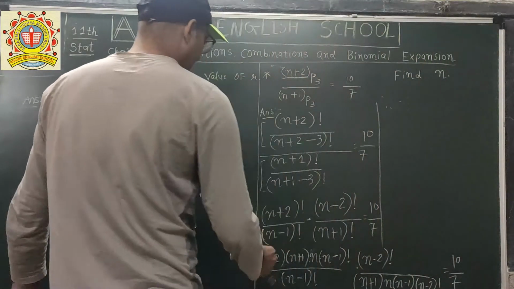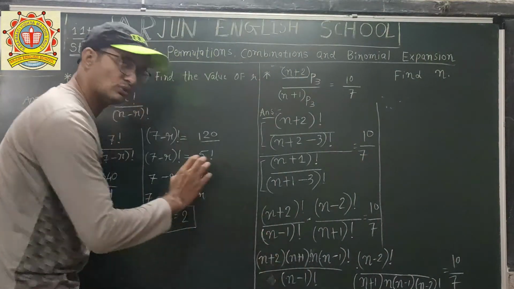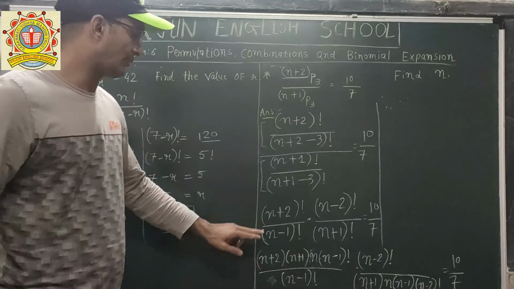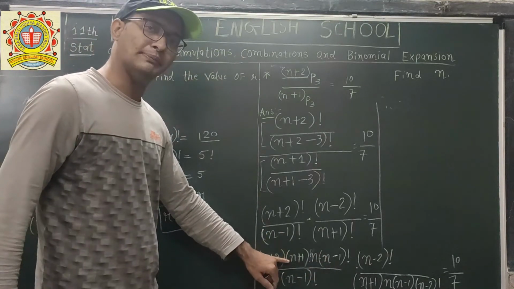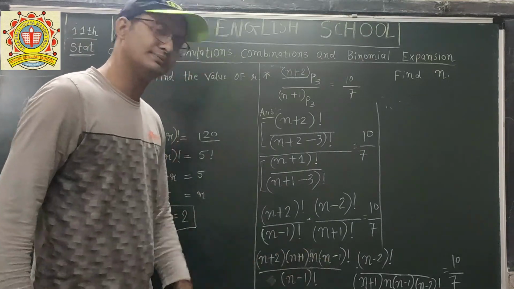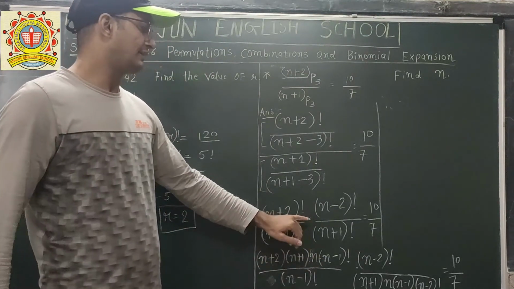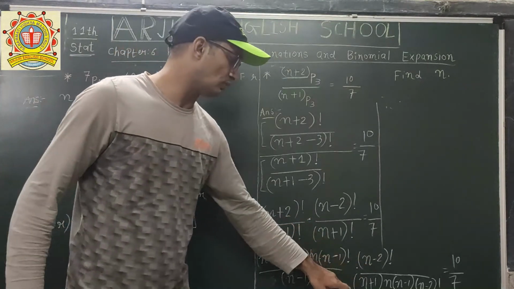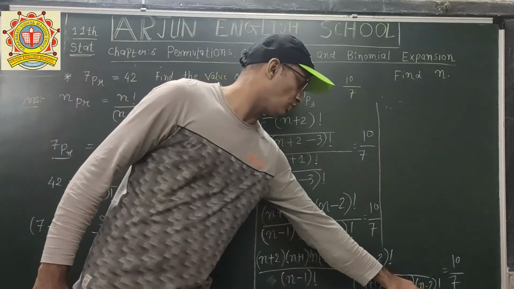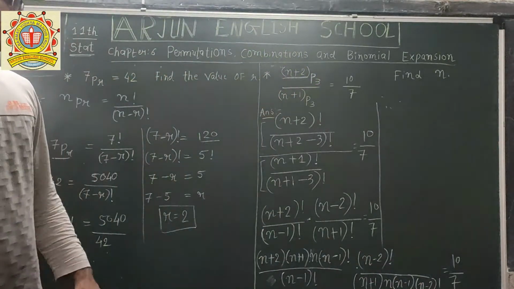Once again, in the denominator it is n minus 1. So from n plus 2 we go till n minus 1: n plus 2, n plus 1, and n minus 1, and stop here. On the second side it is n minus 2 as it is. In the numerator it is n plus 1, then n minus 1, and stop at n minus 2.